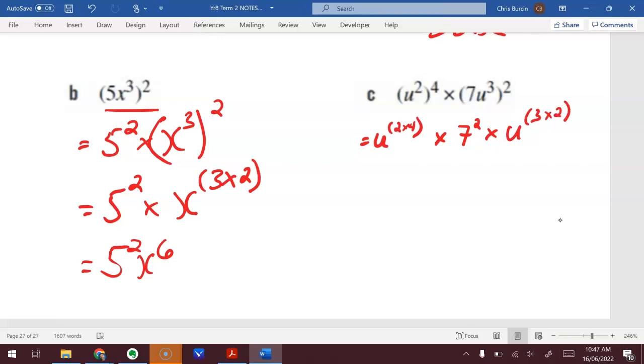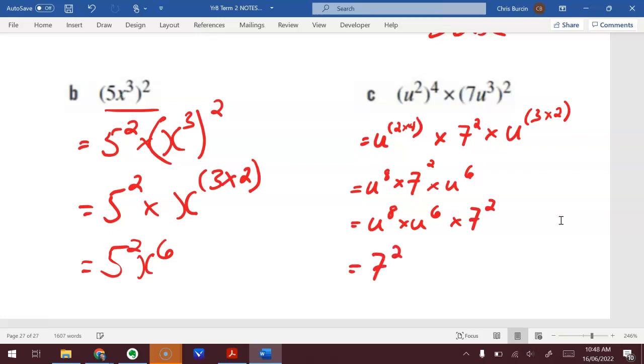So our answer will be u to the power of 8 times 7 squared times u to the 6. Now if we reorganize this, we can see that we've got a couple of common bases, and if we multiply those two together, 7 squared, then put it in the opposite order, of course, the number comes first, and then u, when we're multiplying them, we'll add 8 and 6, and we get 7 squared u to the power of 14.